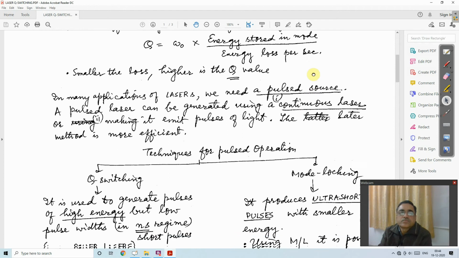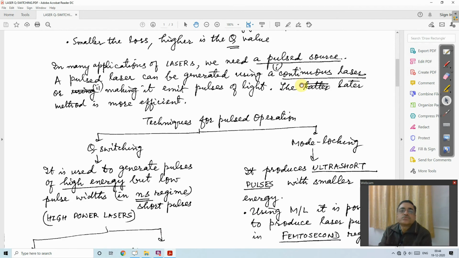Going further, in many applications of lasers we require a pulsed source. A pulsed laser can be generated using a continuous laser, or by making the laser emit pulses of light directly.